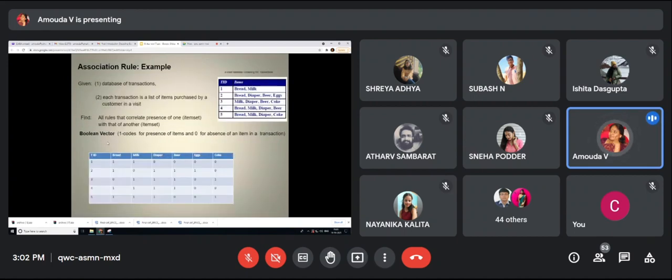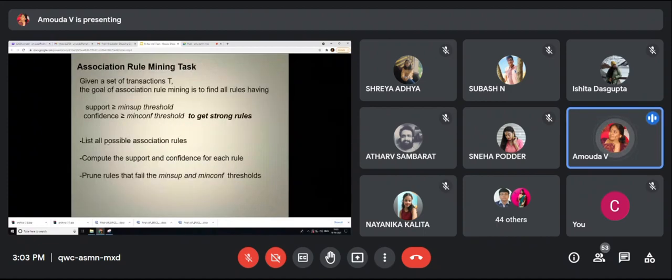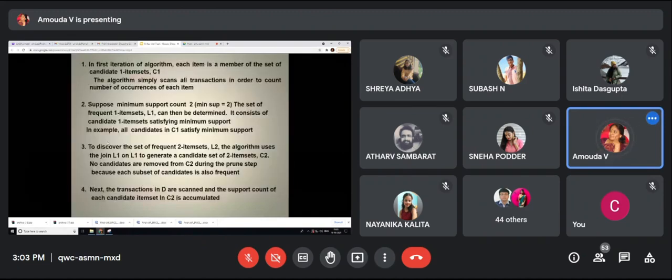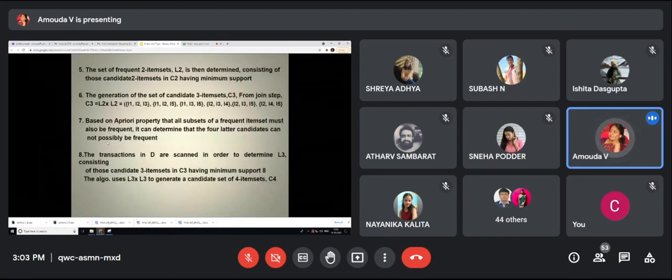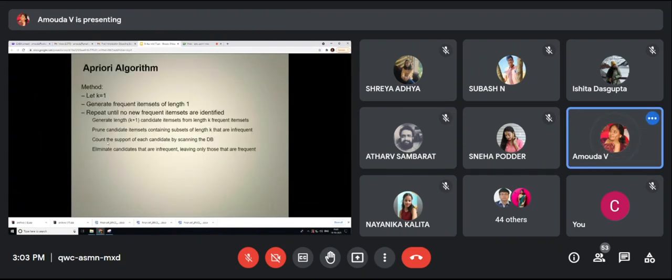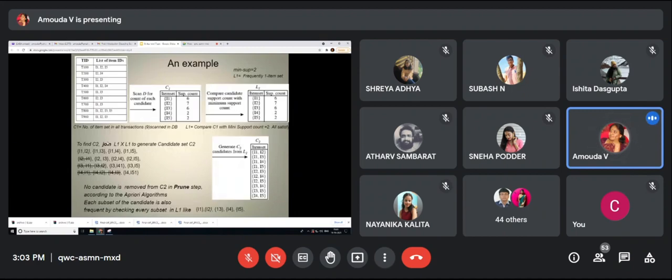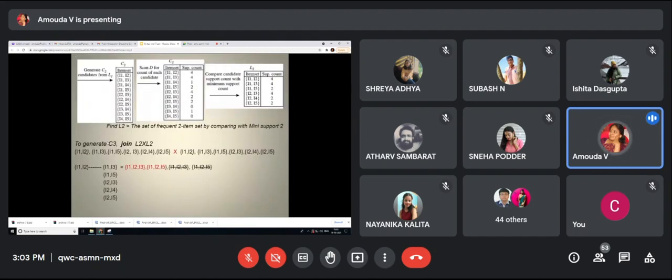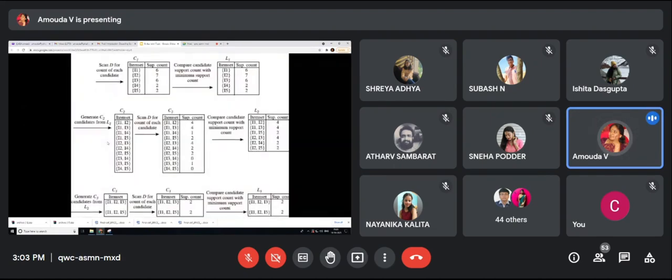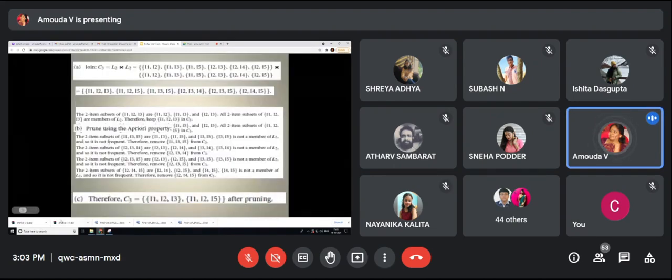With these 2 measures we are going to formulate the association rule with the example of milk and diaper, and then see the appropriate algorithm applied to this example, looking at the frequent item sets: the second item set, third item set, fourth item set. Finally, we come to the conclusion that these two item sets are frequently associated.